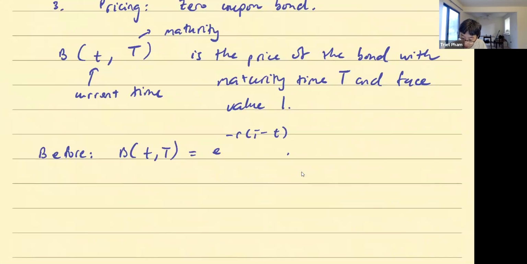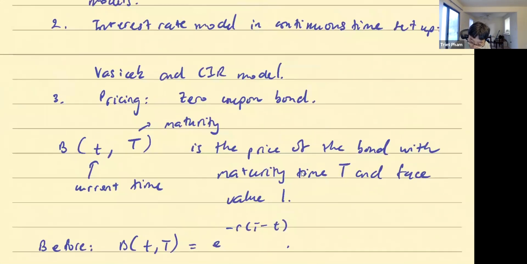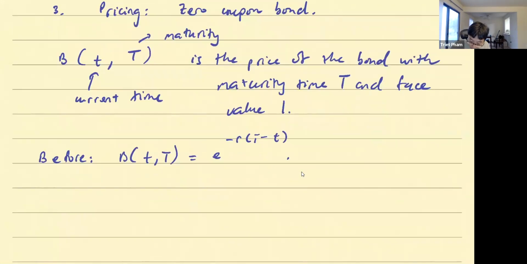Because here you imply two things. Right now is time 0, and this is the future time. You say that in the future, you know exactly what the bond price is.